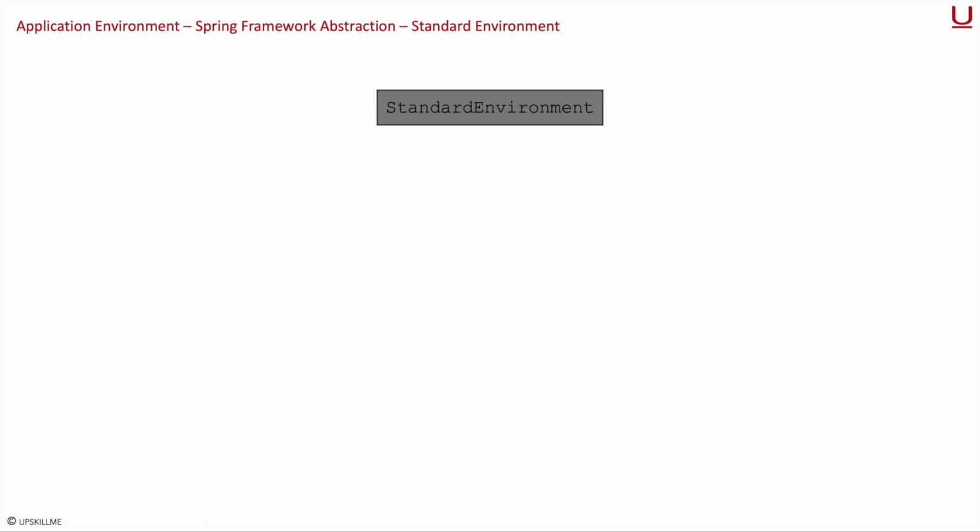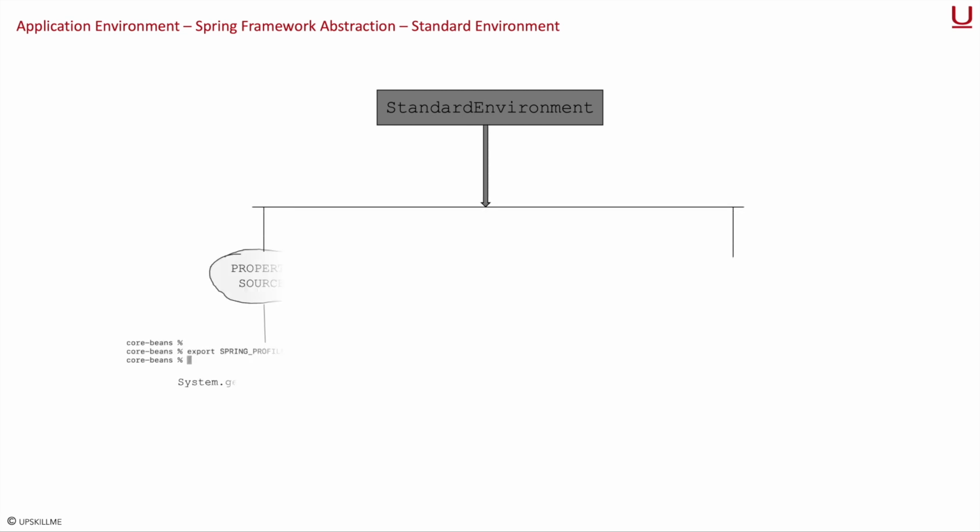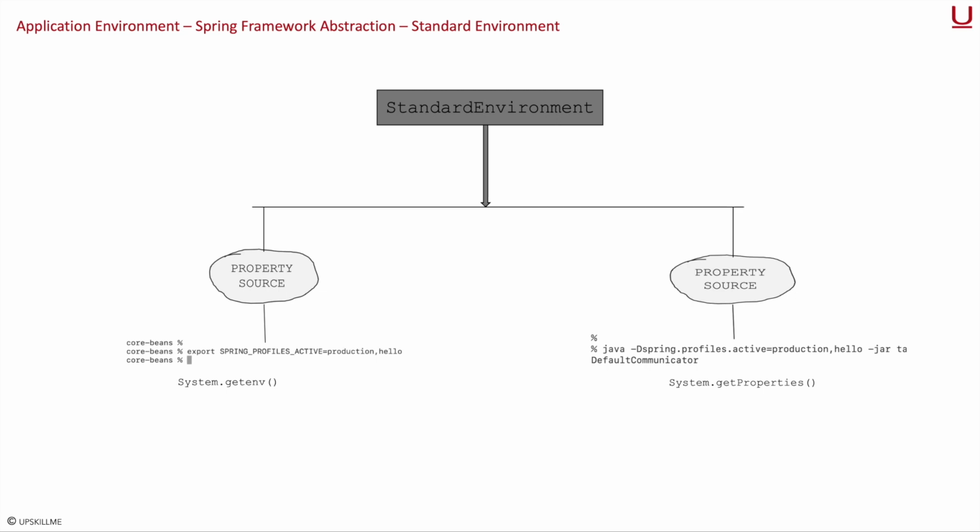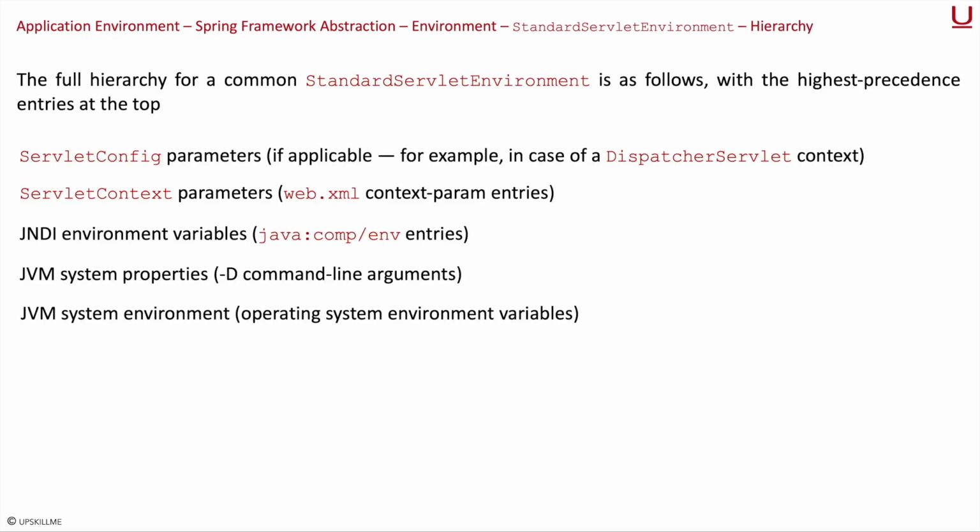Spring's standard environment is configured with two property source objects, one representing the set of system environment variables and another representing the set of JVM system properties. The full hierarchy for a common standard servlet environment is as follows, with the highest precedence entries at the top. We will learn more about property sources and hierarchies in the Spring Web and Spring Boot lecture series.